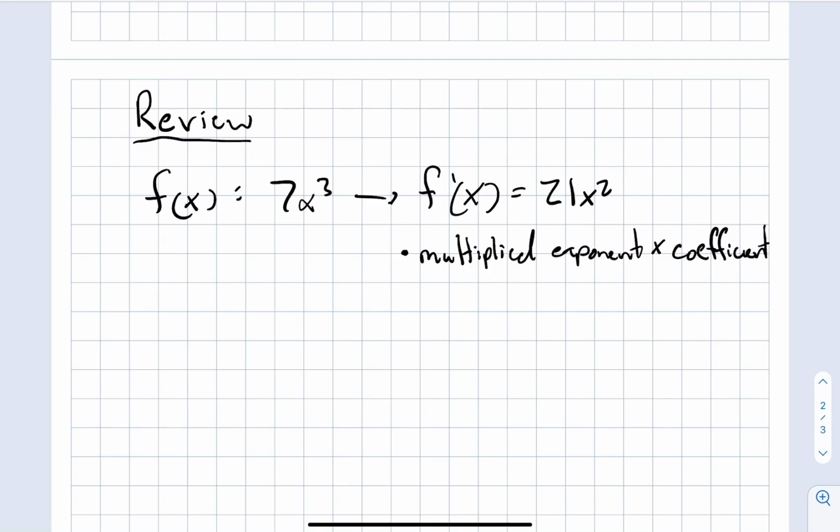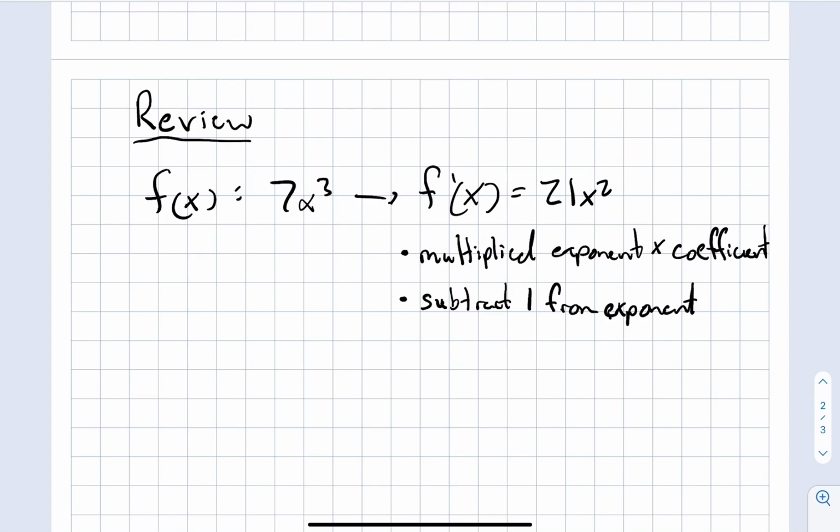We took the 3 times the 7, and we got 21. But we didn't stop there. Then we had to subtract 1 from the exponent. So that's the process of finding the derivative.